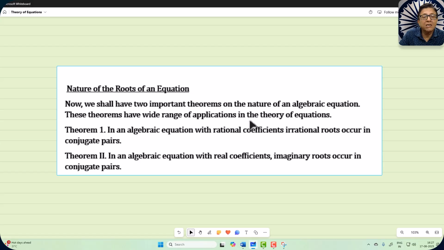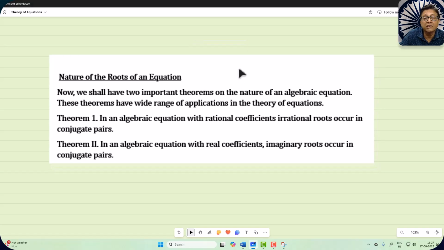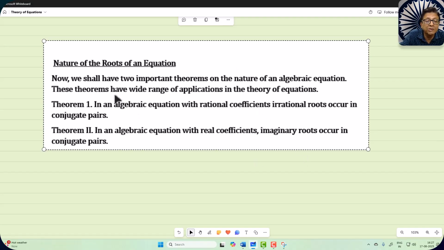Now, we are going to discuss two important theorems on the nature of an algebraic equation. Nature of equation means nature of roots. These two theorems have a wide range of applications in the theory of equations. Number 1: in an algebraic equation with real coefficients, irrational roots occur in conjugate pairs. What does it mean?